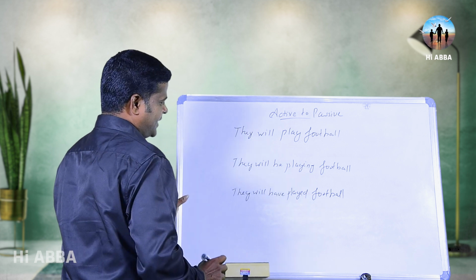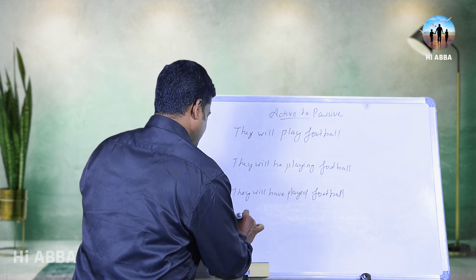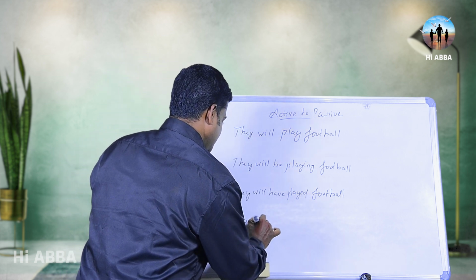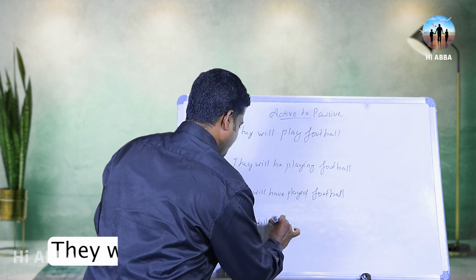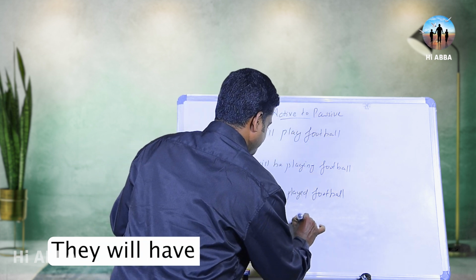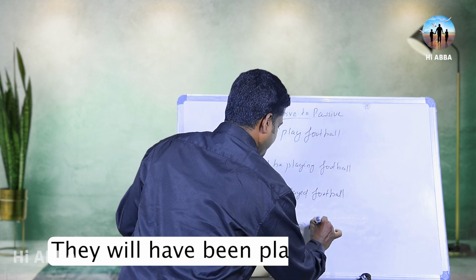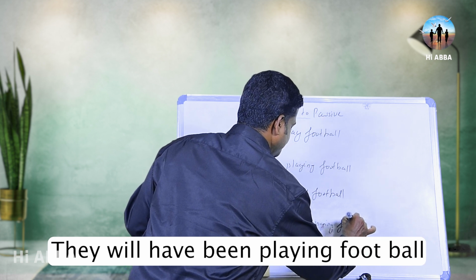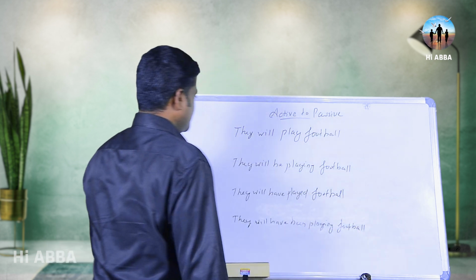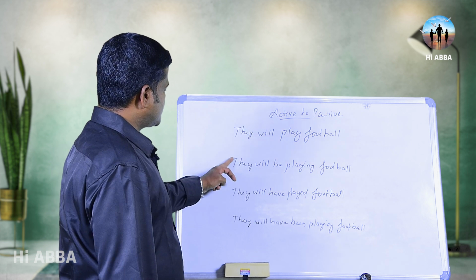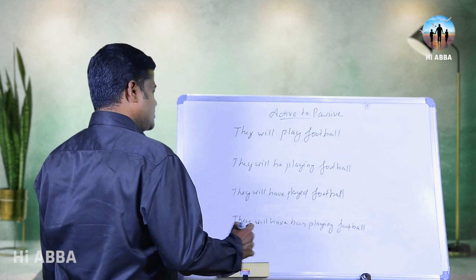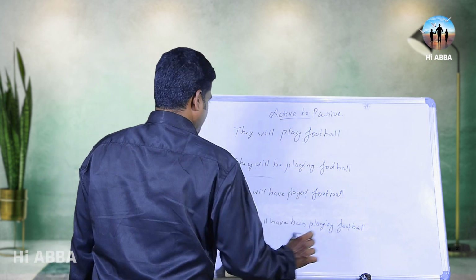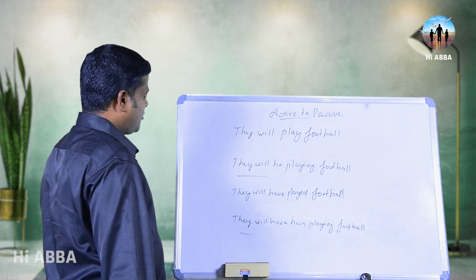And in future perfect continuous tense, they will have been playing football. So we know these two tenses do not have passive voice, so we can avoid it. So only these two tenses have passive voice.